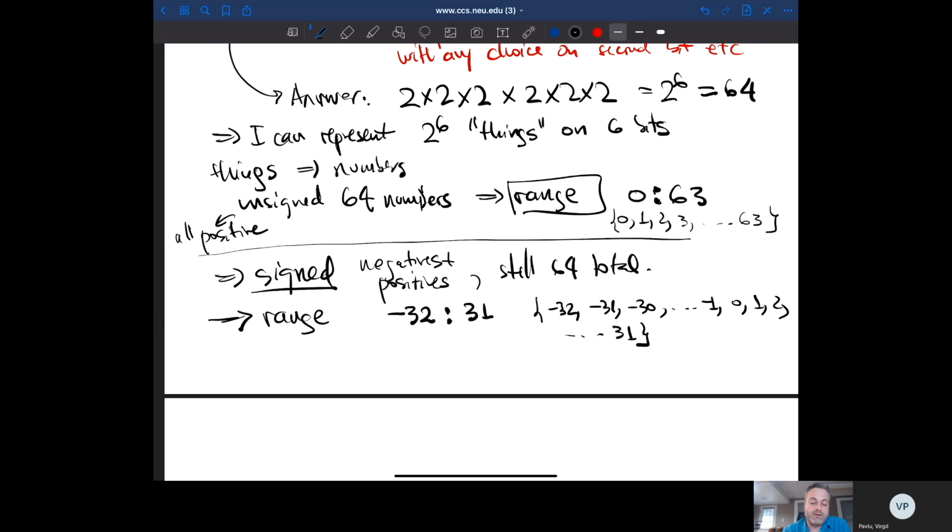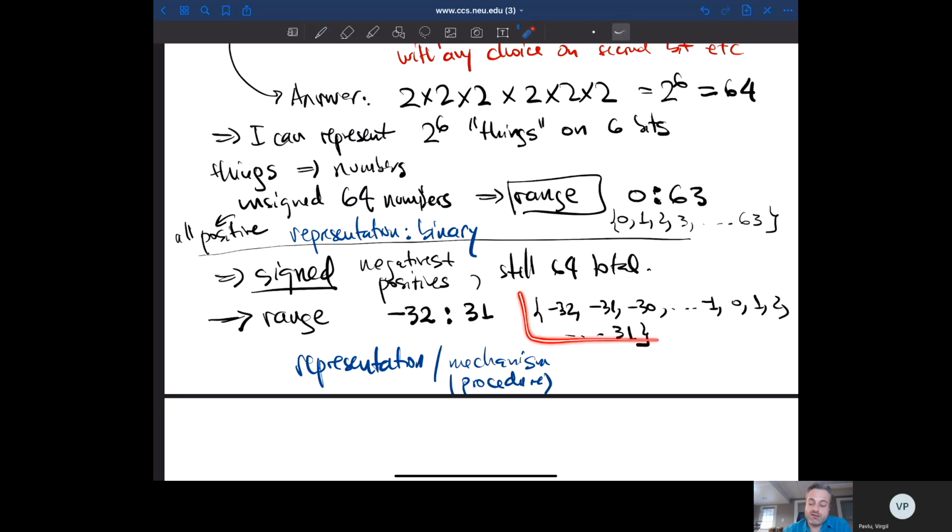So in here, the actual mechanism, the actual representation, is the default binary that you study. And in here, the representation, sometimes I call that a mechanism, or you can call it a procedure. How do you actually represent these 64 things in binary?